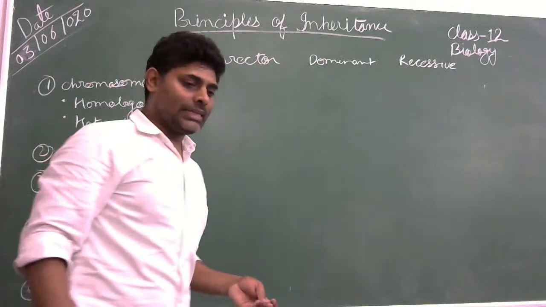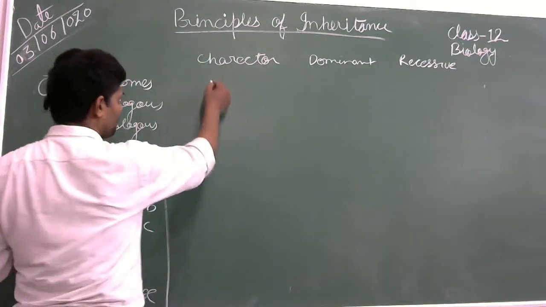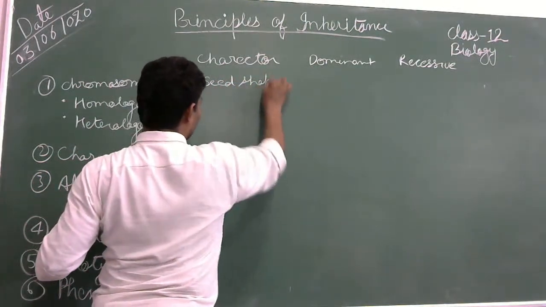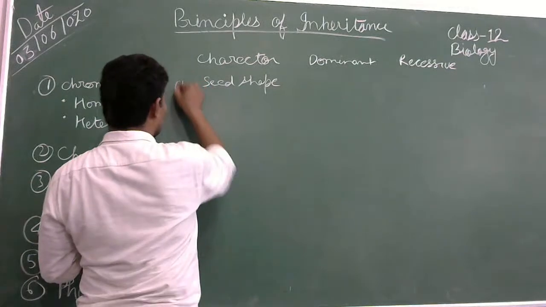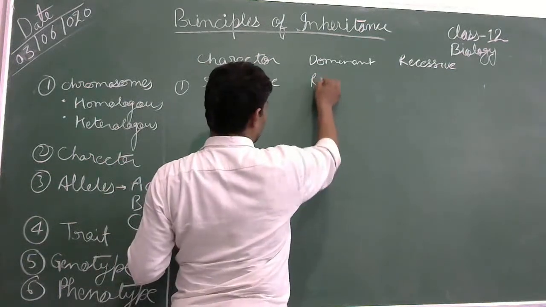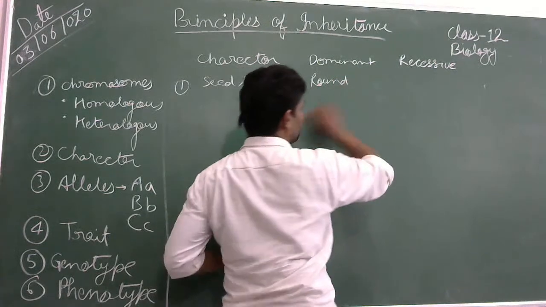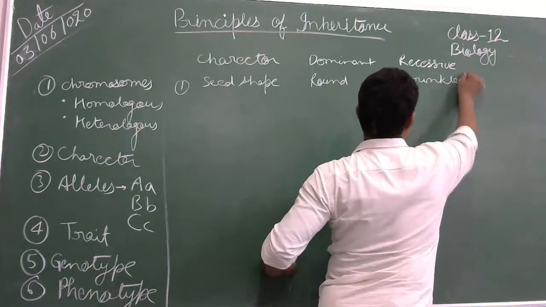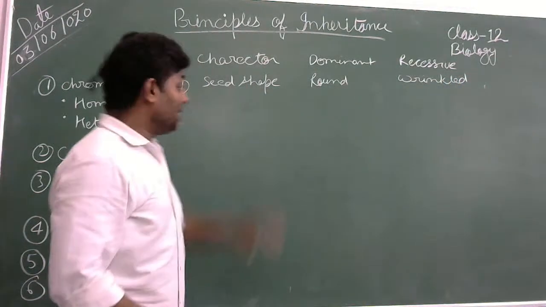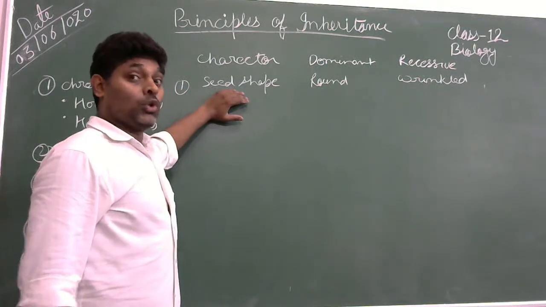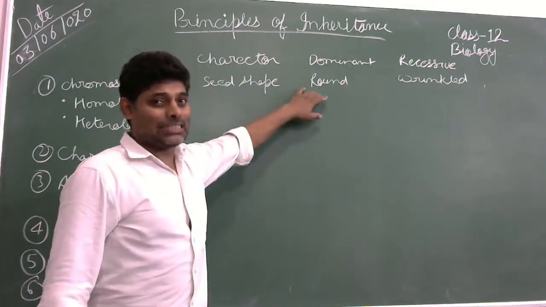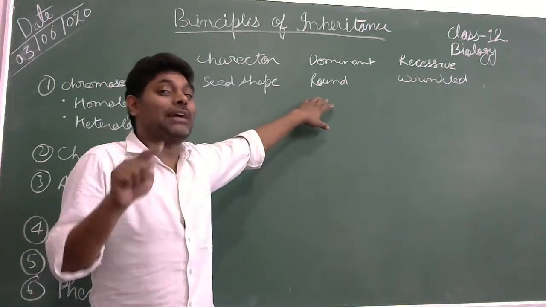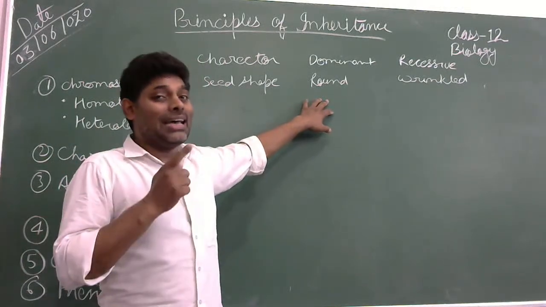The first one is seed shape, which means round and wrinkled. If we are seeing the seed shape, some seeds are round shaped, some are wrinkled shaped. So the round shape character is dominant over the wrinkled character.